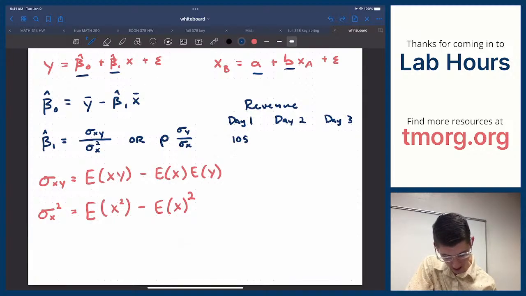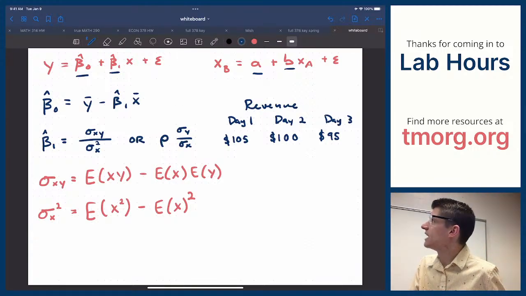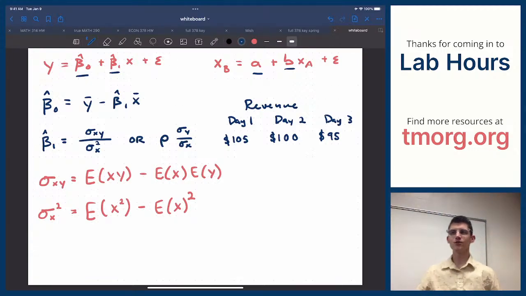Well, it looks like we made 105 buckaroos. And then on day 2 we made 100 buckaroos. And maybe on day 3 we made, I don't know, 95 bucks, you know? And you'd look at that and you go, okay, I'm going to do the expected value of revenue.